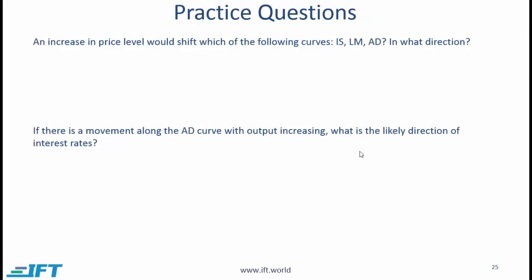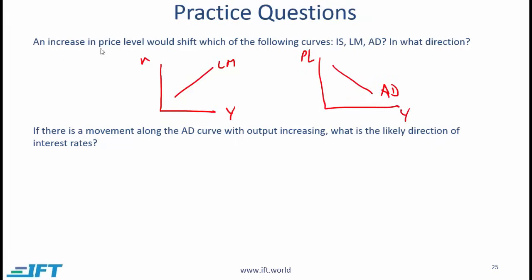Now try these questions before looking at the solution. Here we are talking about price level, and if you recall, price level does not feature when we talk about the IS curve, so there is no shift over here. With the LM curve, when we have an increase in the price level, that means that real money is down, so the LM curve will shift to the left.